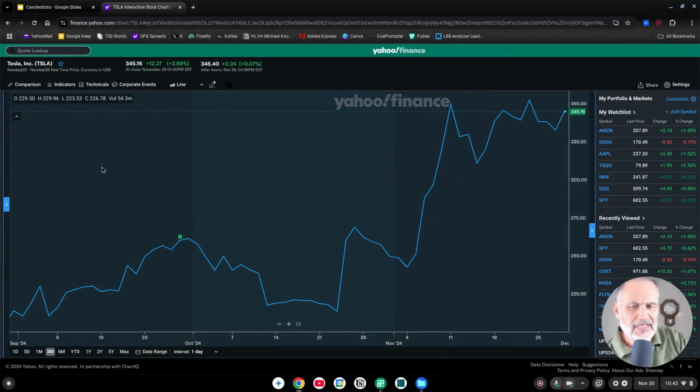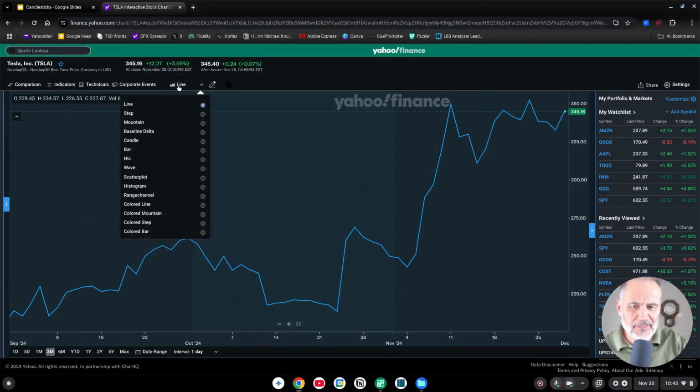When you pull up a line chart on Yahoo Finance, let's say Tesla, by default, you're probably seeing a line chart like this. We're looking at a daily time frame of 3 months duration. Now, if you go up here to the charting options, you'll see that you have various view options.